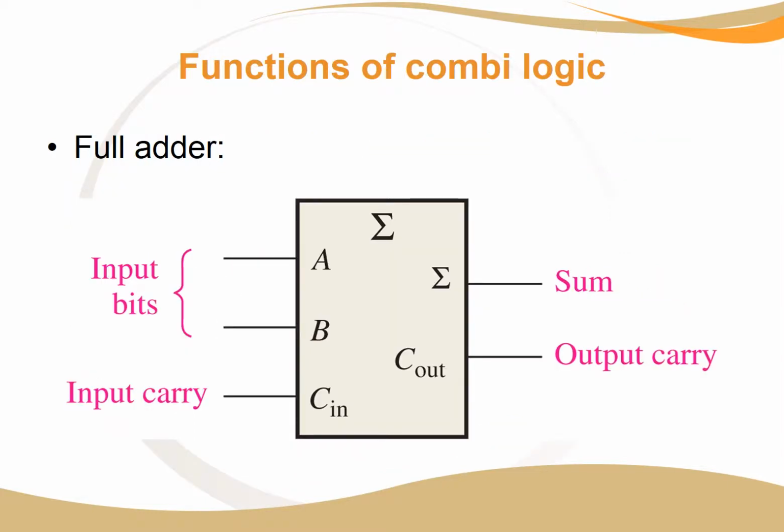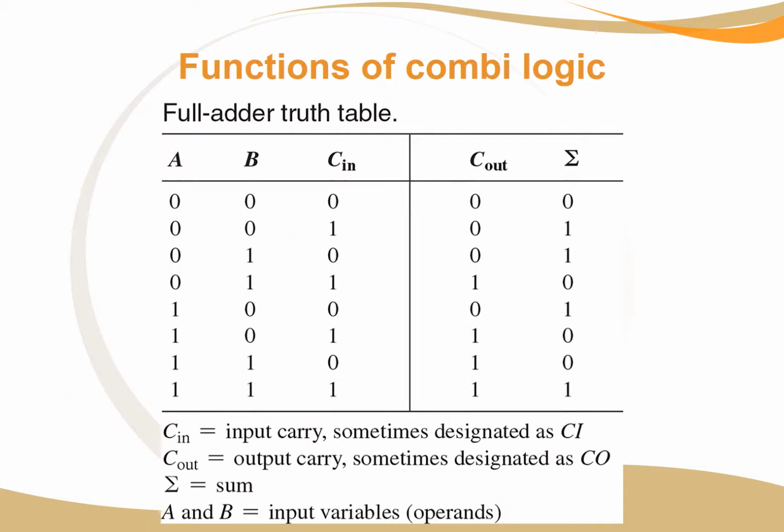Now the full adder is slightly more complex. Here we have an input carry and input bits, with the sum and output carry on the outside. So the full adder truth table is a bit more complex, and here we have the carry in, and A and B, that's the numbers added.